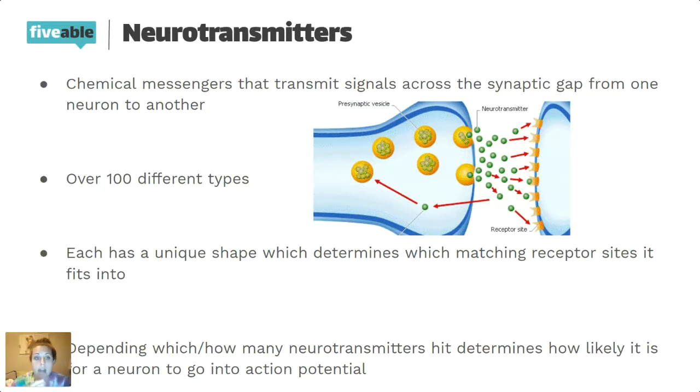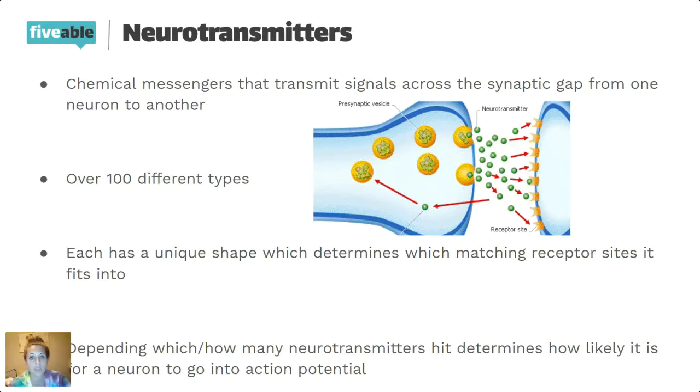These are what decide if that threshold is reached, like for the flushing of the toilet, for the firing of the neuron. However many of these are received and bind to the receptor sites makes the next neuron fire. Okay?